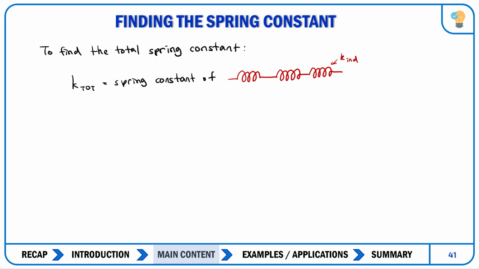So if we want to figure out the total spring constant for all of these, we're going to take K individual and divide it by the number of springs.